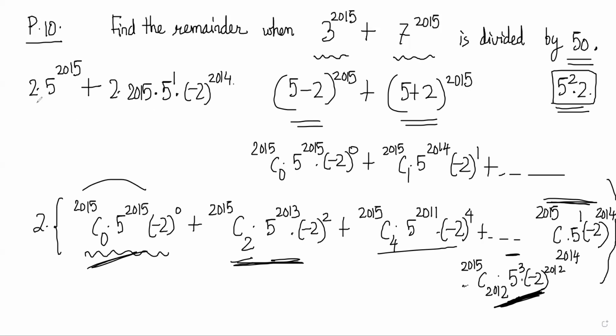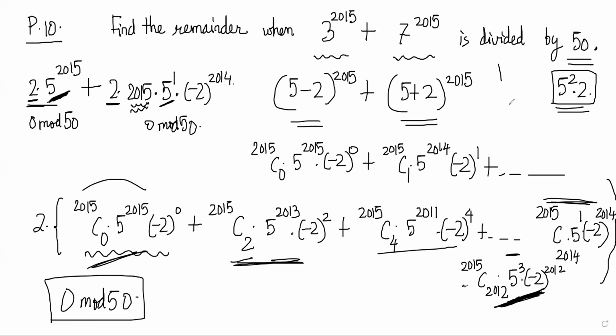And now notice that this has many powers of 5 and it has a 2, so this is also 0 mod 50, right? And this has a 2 here, and a 5 can come from here, and this is a 5. So again, this is also 0 mod 50. So overall, the whole expression is 0 mod 50, and that is one solution. So our answer is remainder is 0.